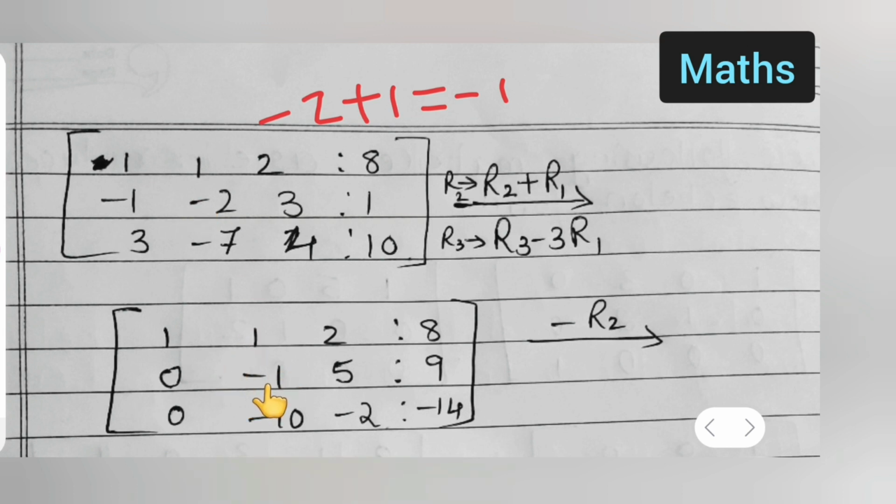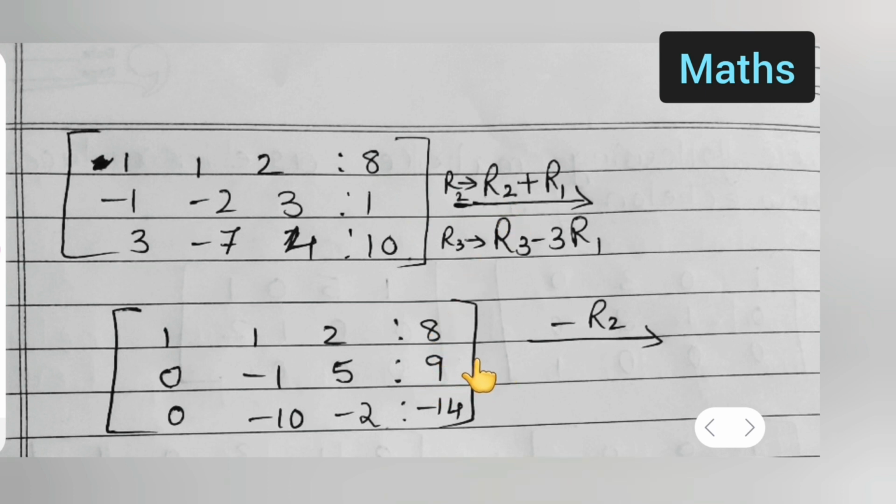Next, R2 plus R1, I have to add this. So 2 plus 3 is equal to 5, and that's how I got 5 over here. Next, 1 plus 8 will be 9. Write it down over here.